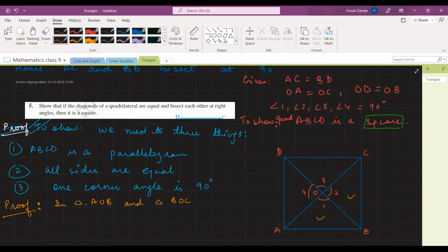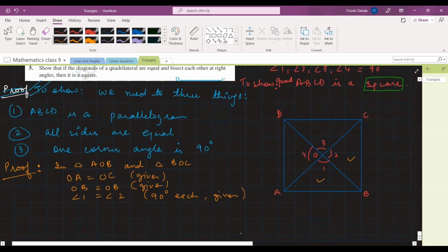Everything is already given: the diagonals bisect each other, so OA is equal to OC, given, correct? One side OB is equal to OB, that is common. And the third thing, already given that all the angles are 90 degrees, so angle 1 is equal to angle 2, which is 90 degrees each.